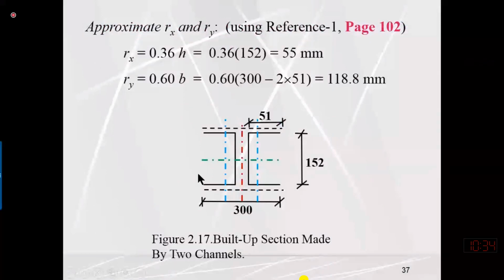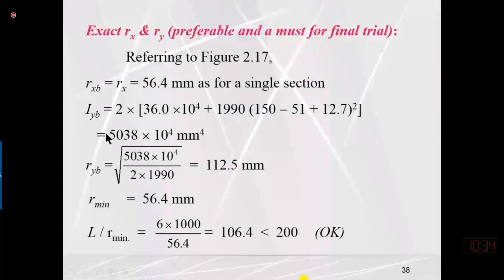So the moment of inertia about the y-axis for the built-up section is 50,038 into exponent 4. So ryb is equal to Iyb over the area of the built-up section. The area of the built-up section is equal to 2 times the area of a single channel. So ryb is 112.5. So we have rxb and ryb.